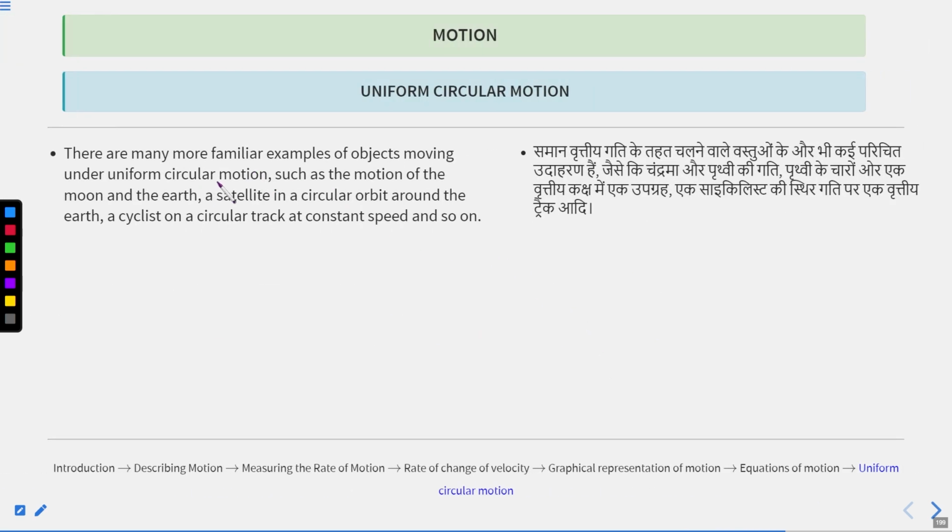There are many more familiar examples of objects moving under uniform circular motion, such as the motion of the moon and the earth, a satellite in a circular orbit around the earth, a cyclist on a circular track at constant speed, and so on.